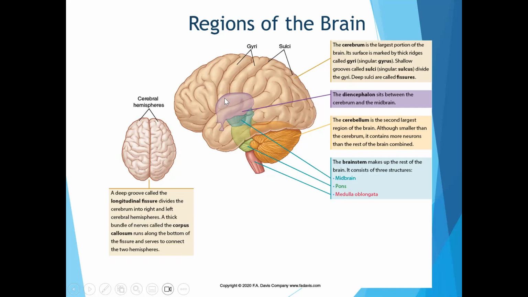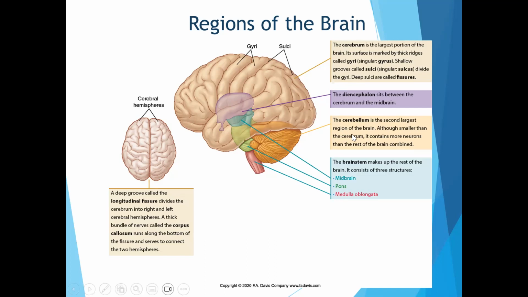The diencephalon is not actually a direct part of it. It's a region. So it's made up of the cerebrum and the midbrain. You also have your cerebellum. So that's another large region. It's smaller than the cerebrum, but it has a crazy amount of neurons.